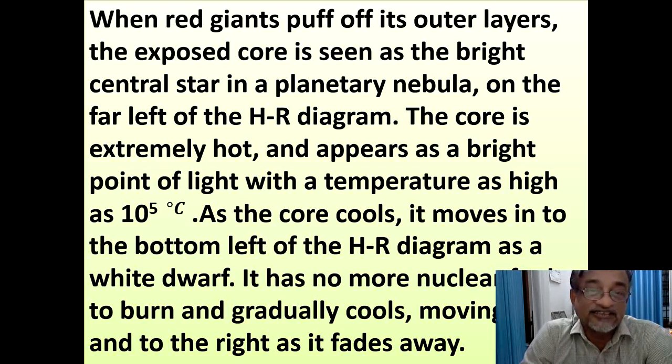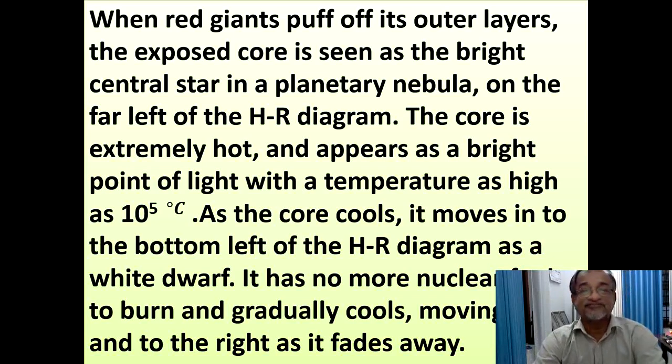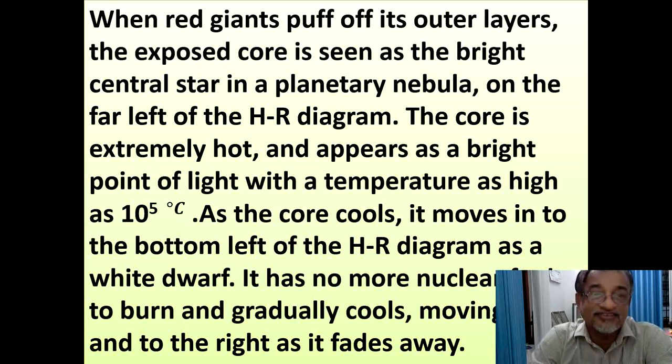of the HR diagram, as I have mentioned earlier. The core of the white dwarf is very hot. It appears as a bright point of light with a temperature as high as 10 raised to 5 degrees Celsius, 1 followed by 5 zeros degrees Celsius.